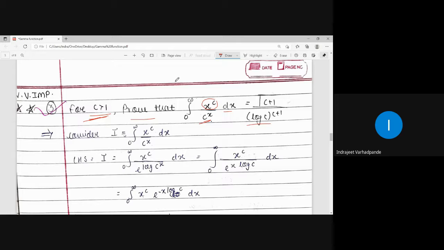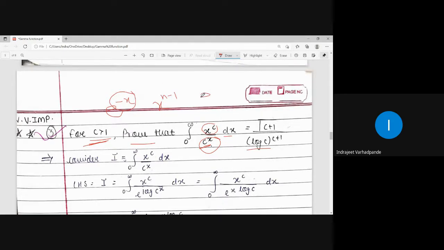For the gamma function, I should have a variable which can be written as x to the power n minus 1, and another term which is to be expressed in exponential form with a negative power or index. Here, it is not visible that any exponential term exists. But I know the limit rule, e to the power log x is nothing but x.